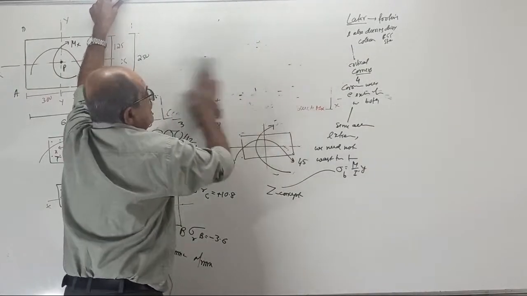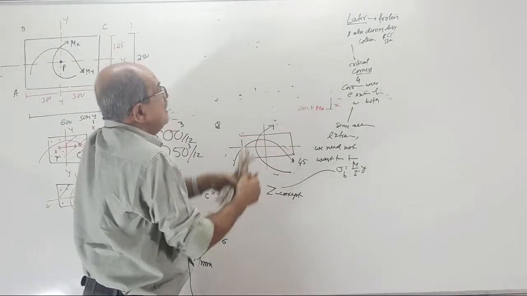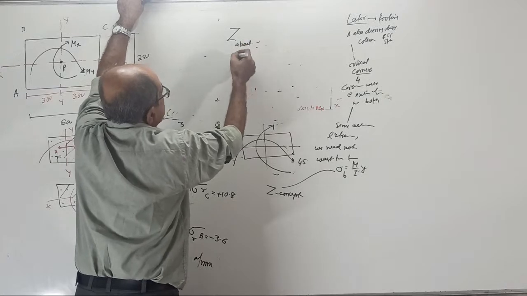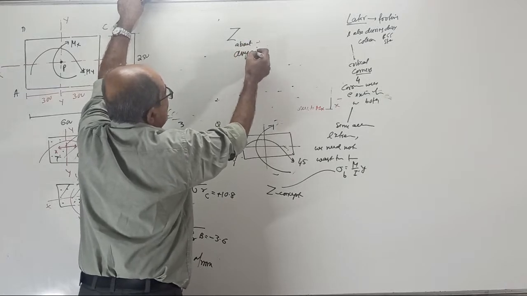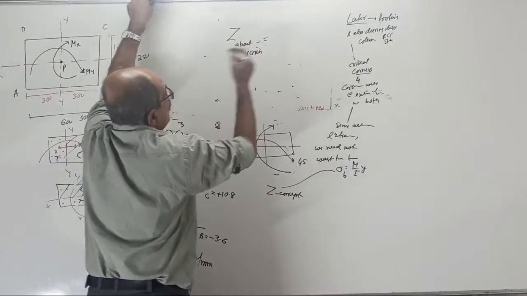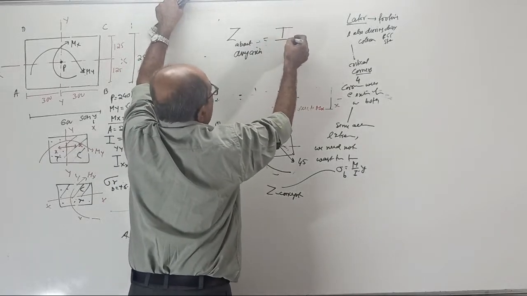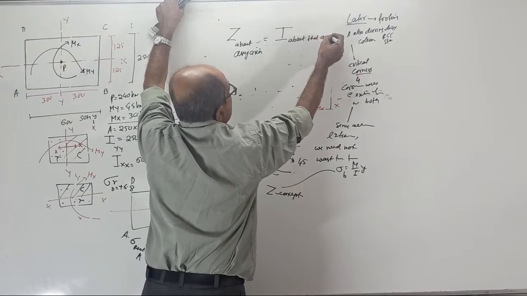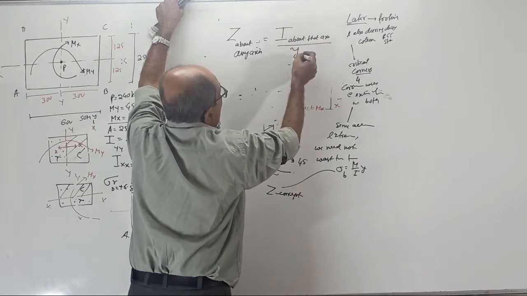You should know Z about any axis, xx or yy. It equals I about that axis divided by y max.